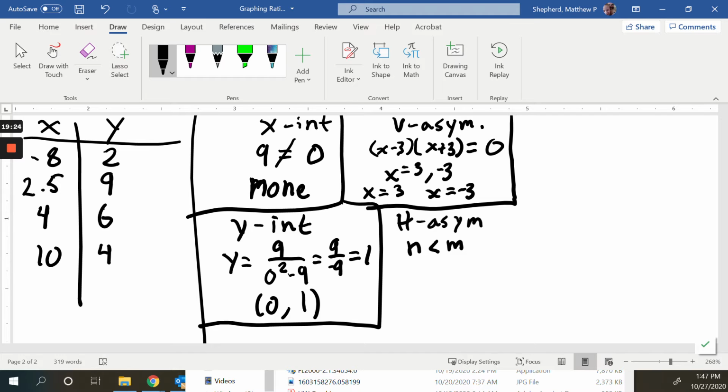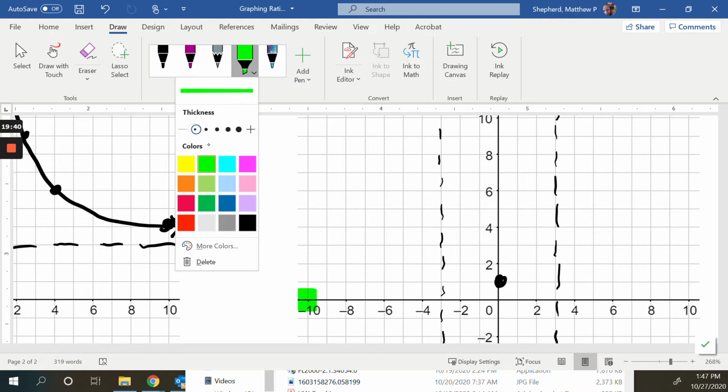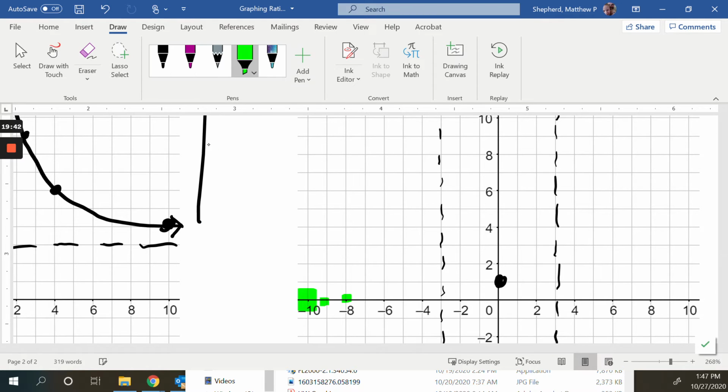And in those situations, the x-axis is the asymptote. Okay, so because my lines won't show up well there, let's lower that thickness. But I'm just going to draw little highlights there to say that is my horizontal asymptote.